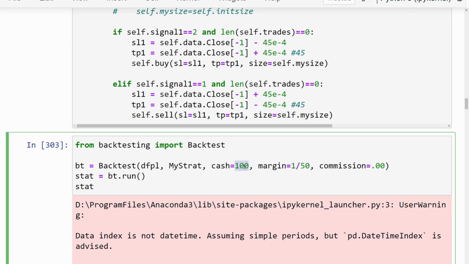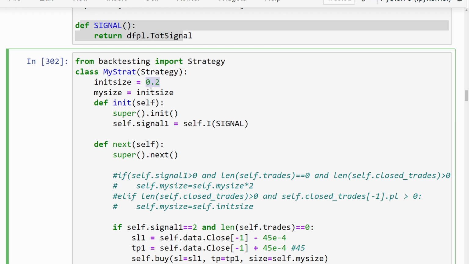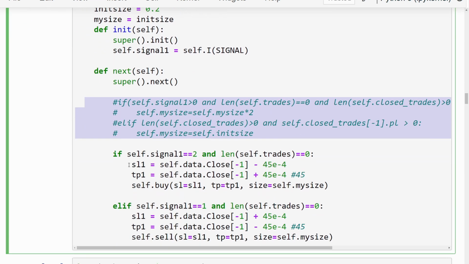So $100 with a margin that is 1 to 50, and we are trading 20% of our equity for each trade. I'm not activating the martingale approach that we have explained in previous videos, but if the signal is 2, so we have a buying signal and we don't have any open trades, remember that we are allowing only one open trade at a time.